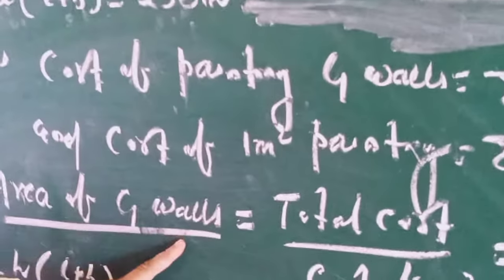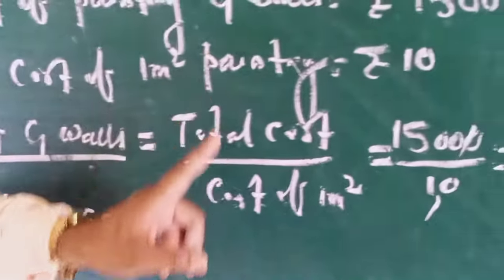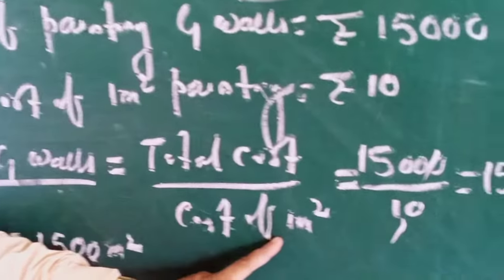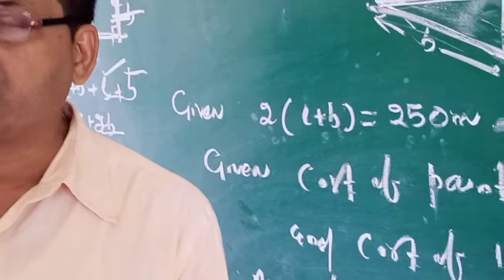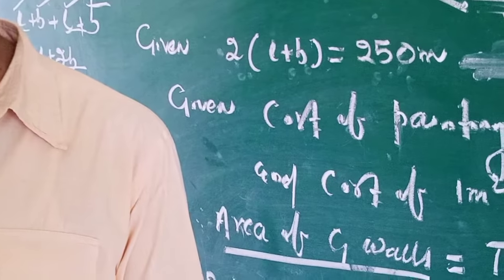The area of the 4 walls is equal to total cost divided by cost of 1 meter square. Total cost is 15,000. Cost of 1 meter square is 10. So 15,000 divided by 10 is 1500 meter square. This is the area of the 4 walls.